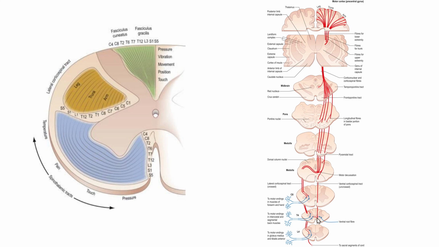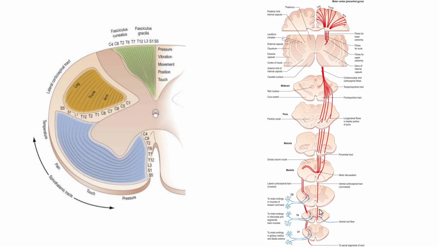And only when they get to the level of the cord at which their lower motor neuron resides do they cross over and synapse on the lower motor neuron itself. So the corticospinal system is composed of two separate components: a much larger lateral corticospinal tract and a much smaller ventral corticospinal tract, which only decussates at the level of its lower motor neuron.